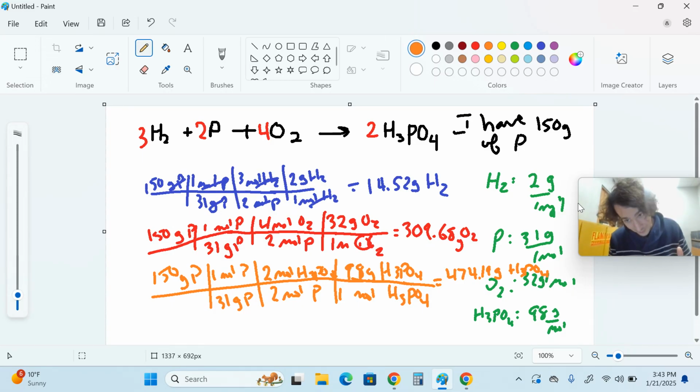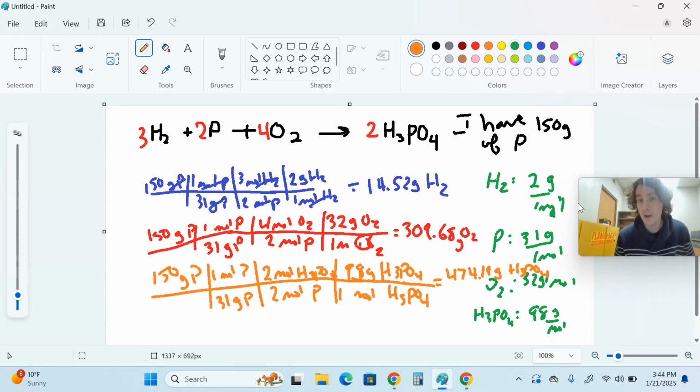Now, in a nuclear reaction, that's different, okay? We've learned more about the idea that matter and energy are interchangeable, but that doesn't work in a chemical reaction. So in a chemical reaction, mass is conserved. If there's 20 grams on the left side, there's got to be 20 grams on the right side, okay?